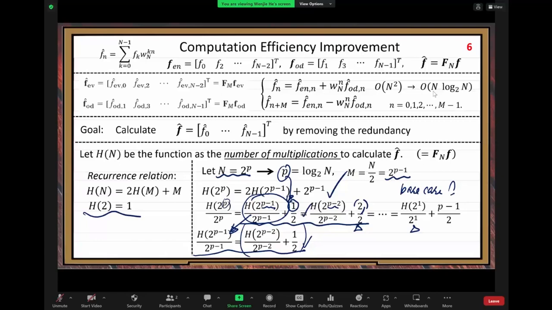Now we plug in the base case, and we get the sum is P over 2.